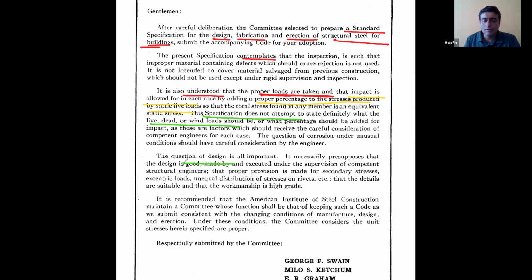The question of design is all important, and it presupposes that the design is good, made by and executed under the supervision of competent structural engineers, and that proper provision is made for secondary stresses, eccentric loads, and unequal distribution of stresses on rivets, etc. Because rivets were the joinery used back then, it's only talking about rivets.